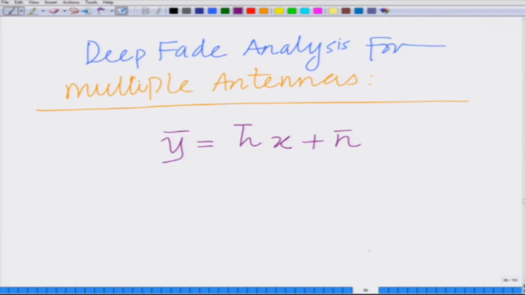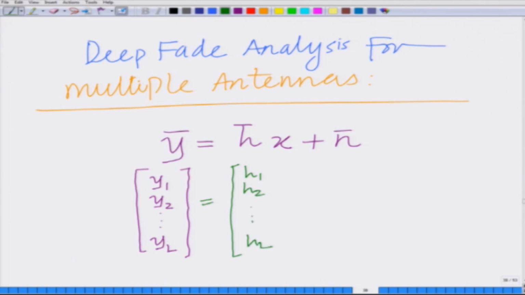That is, if I have L antennas, let me remind you, I have y1, y2, up to yL, equals h1, h2, up to hL, times x plus the noise vector, that is y bar equals h bar x plus n bar.